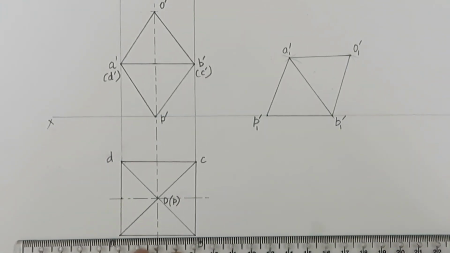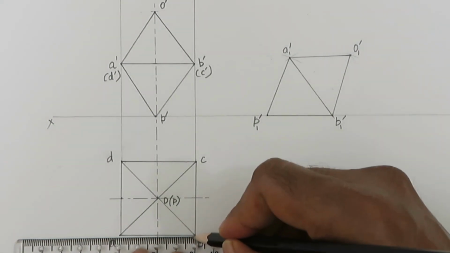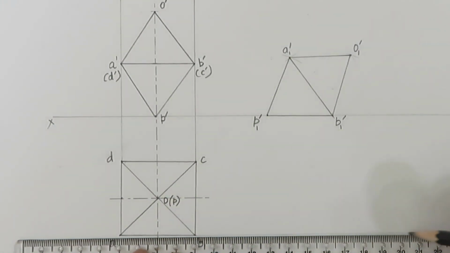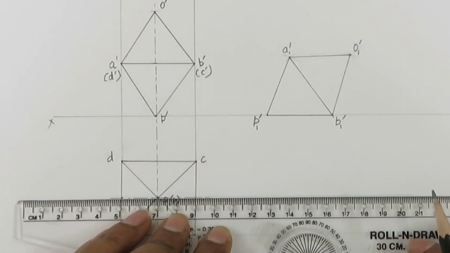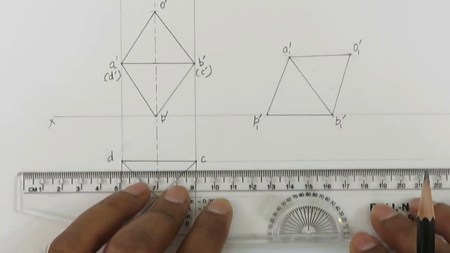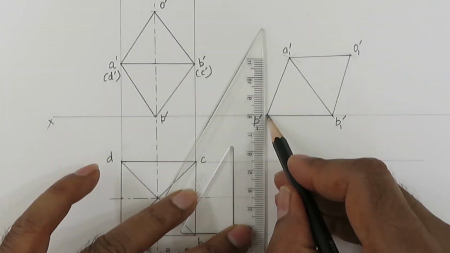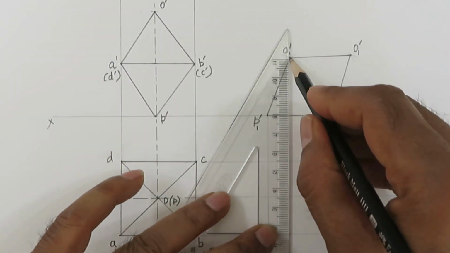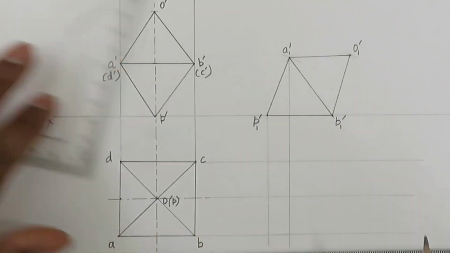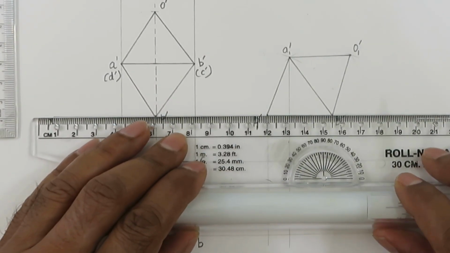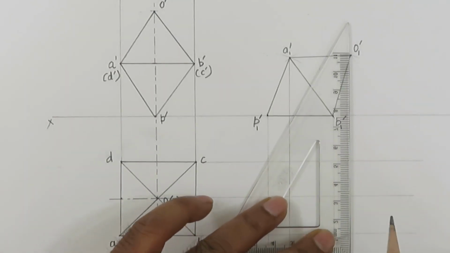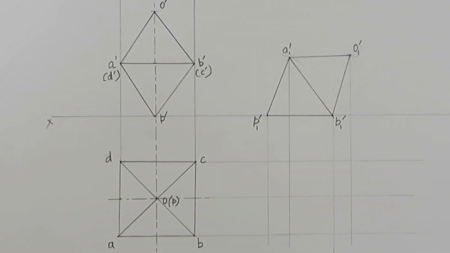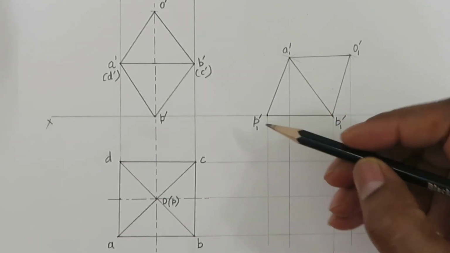So we will use the construction method. So we will extend these points. Now let's identify the points here.